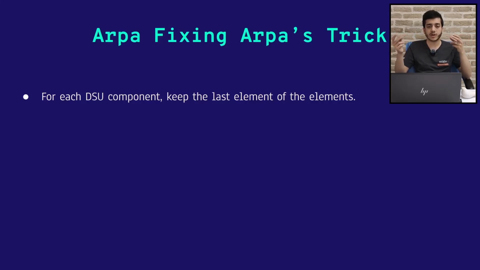Then we compare sizes, and we connect one of them to the other one. But here we can't do that. Why? Because you remember, we connect the bigger element to this new element. It's a directed edge. But in normal DSU problems, the edge is not directed at all. But here we have a directed edge.